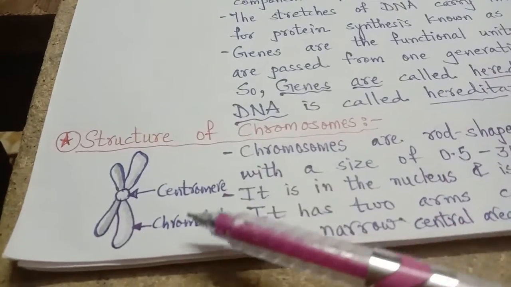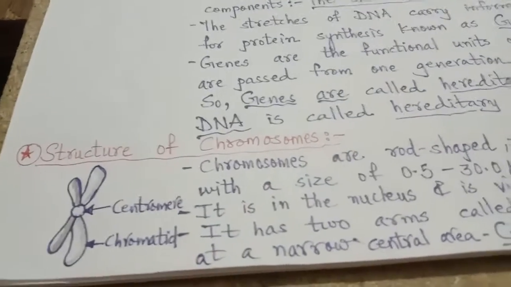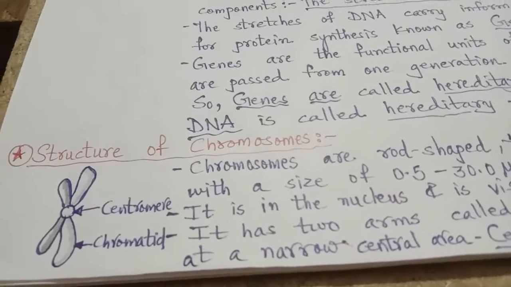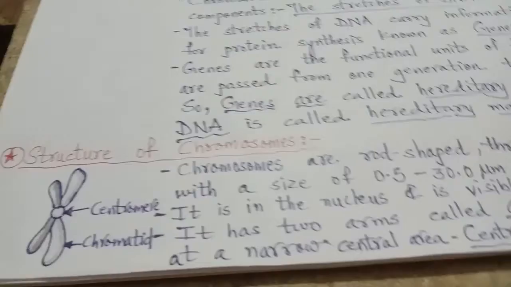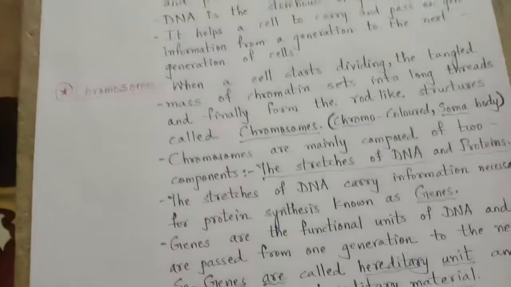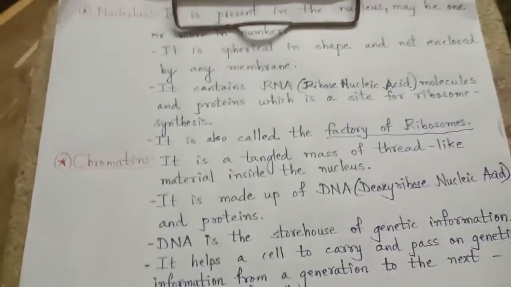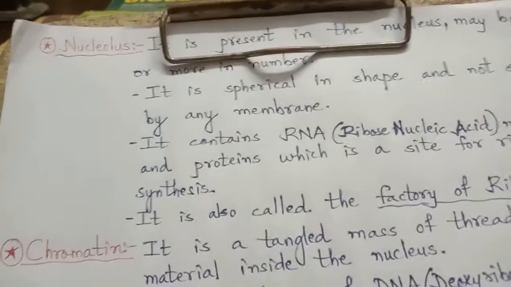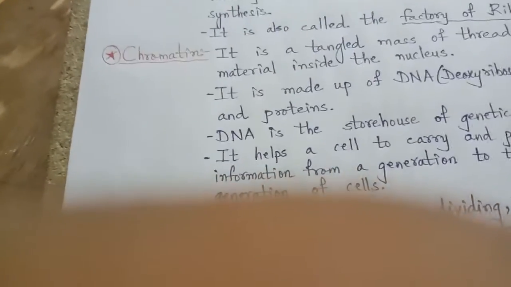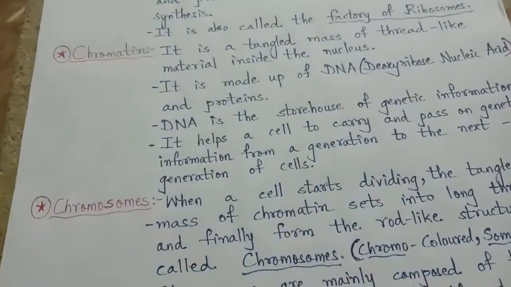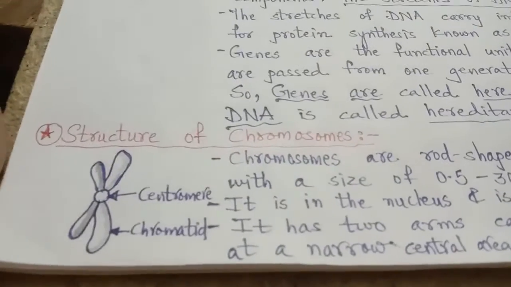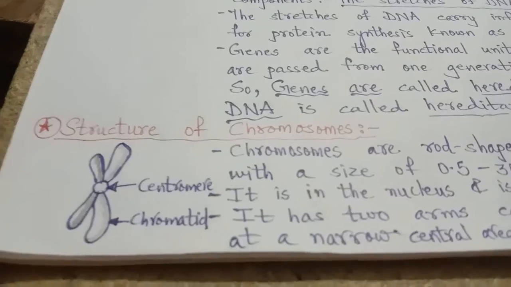And this further we will see in the cell division processes, that is mitosis and meiosis, right? So this is what a nucleus has in it. The nucleus has the nucleolus and chromatin, and chromatin on maturation becomes chromosomes, which are further responsible for the process of cell division, right?